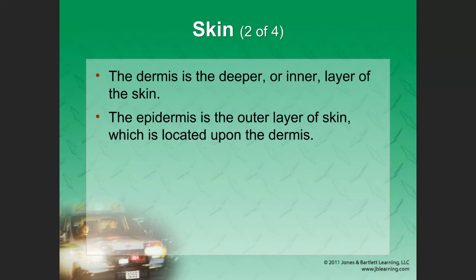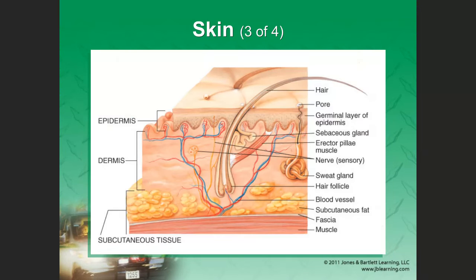The dermis is the deeper or inner layer of the skin, and the prefix epi means above. Epidermis is the outer layer of the skin, which is located upon the dermis. And there's a nice picture depicting that. Top layer, epidermis, middle layer, dermis, then you have the subcutaneous fatty layer.